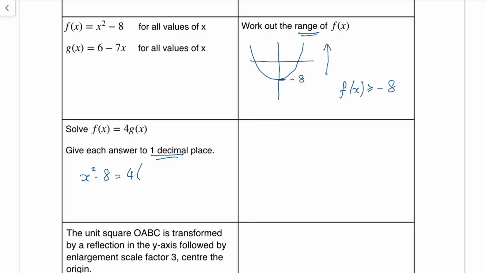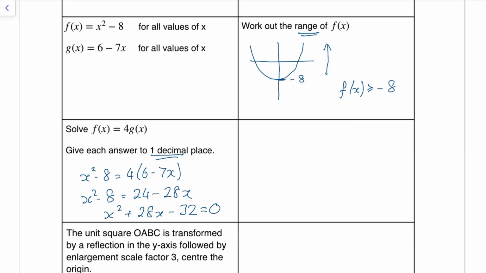So let's write that down: 4 lots of g of x, which is 6 minus 7x. Let's expand this. That's going to be x squared minus 8 is equal to 24 minus 28x, and bring it all to the one side. So x squared plus 28x minus 8 minus another 24 is minus 32 is equal to 0.